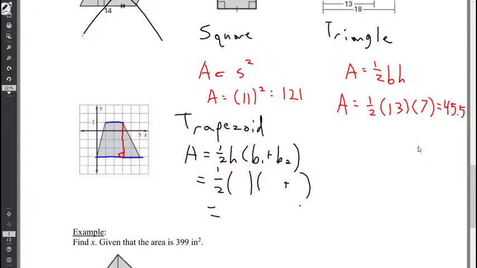And remember that your answer should be in units squared on this one.